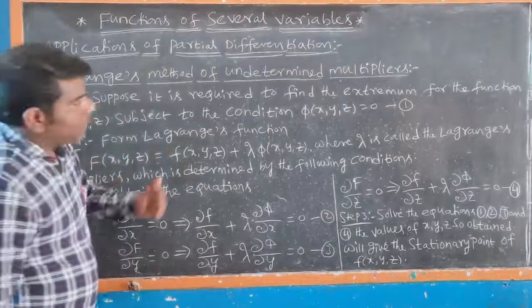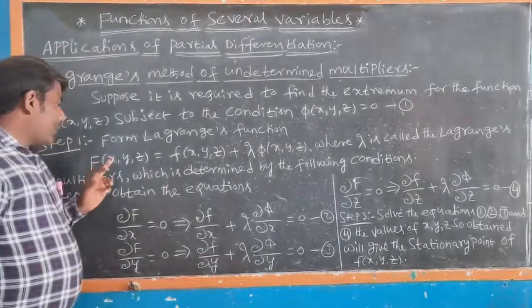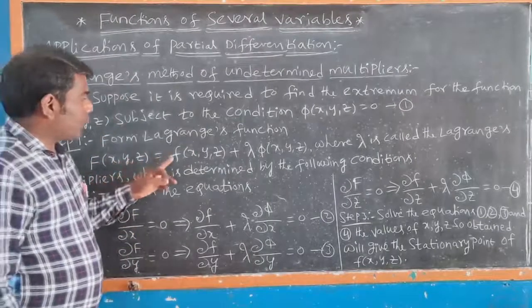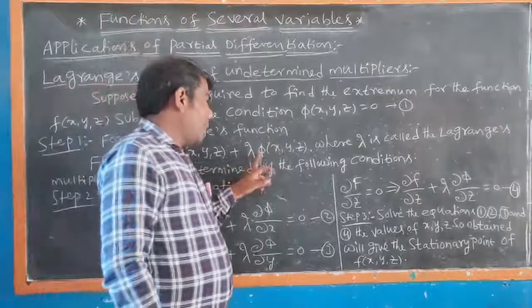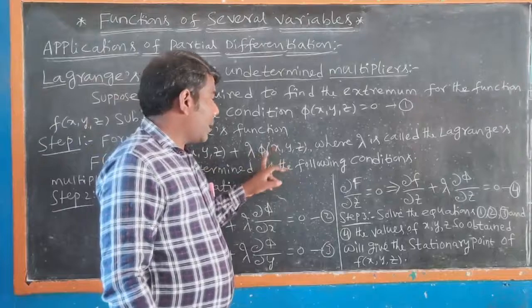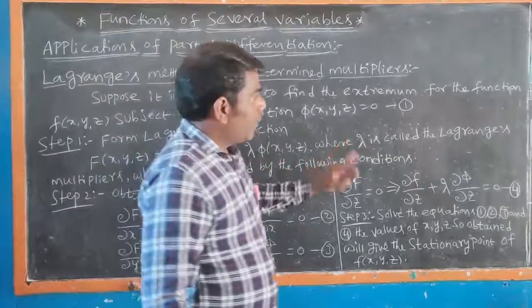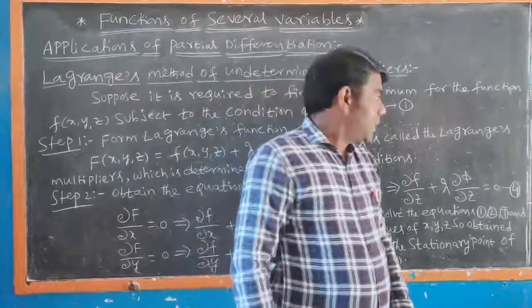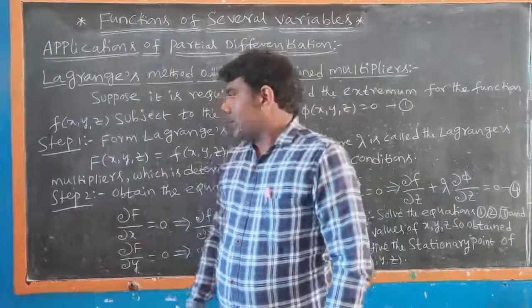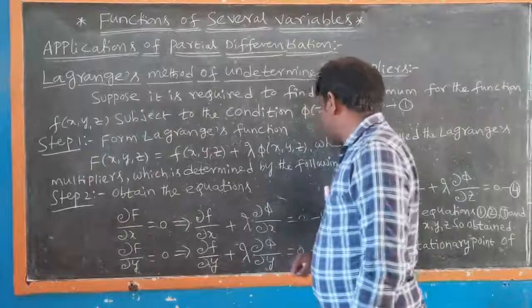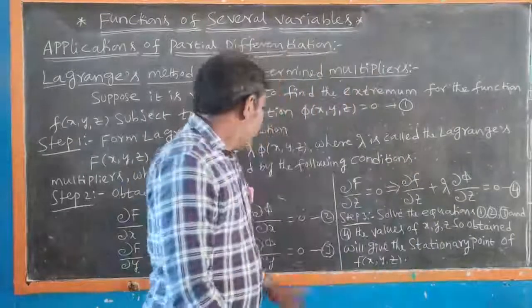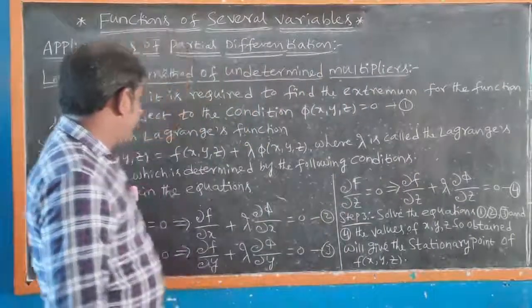Step 1: Form Lagrange's function, capital F of x comma y comma z is equal to small f of x comma y comma z plus lambda into phi of x comma y comma z, where lambda is called the Lagrange's multiplier, which is determined by the following conditions.